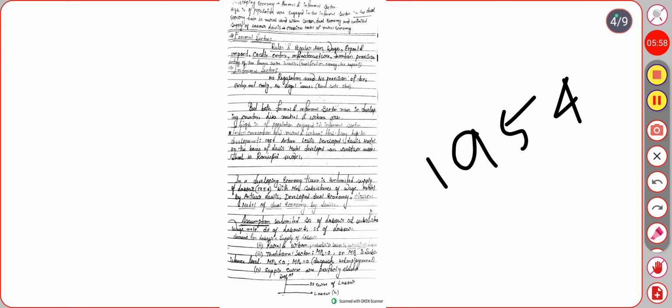In the developing economy, there is an unlimited supply of labor. This idea was given in 1954 by Lewis, with a minimum subsistence wage in the rural sector. That model was developed by Arthur Lewis, and this is the Lewis dual economy, also called the classical model of the dual economy by Lewis.